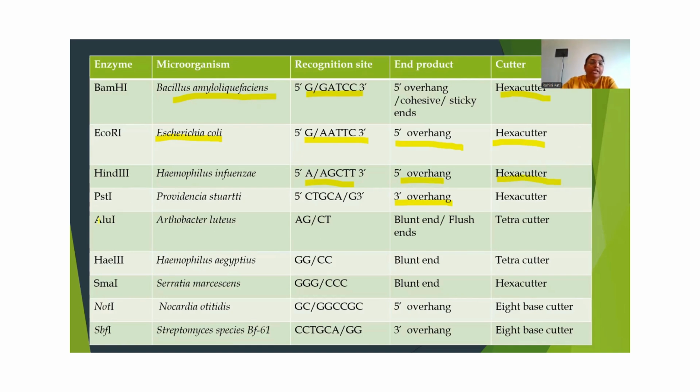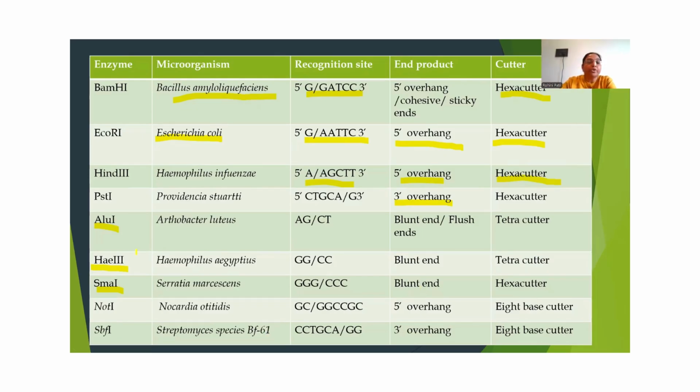Next one is AluI. Okay, and it is HaeIII, and here it is SmaI. Now AluI, HaeIII, and SmaI, all these three enzymes are going to produce blunt ends. That is, there are no overhangs, no sticky ends present.